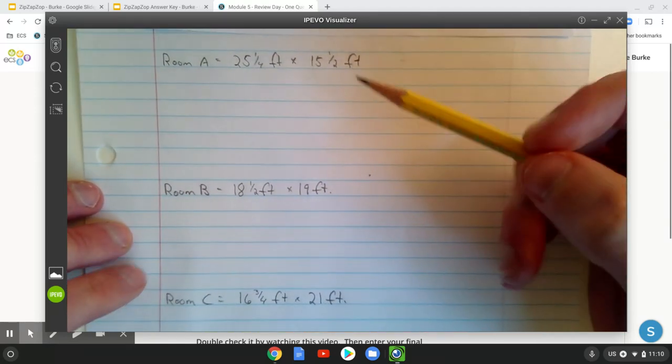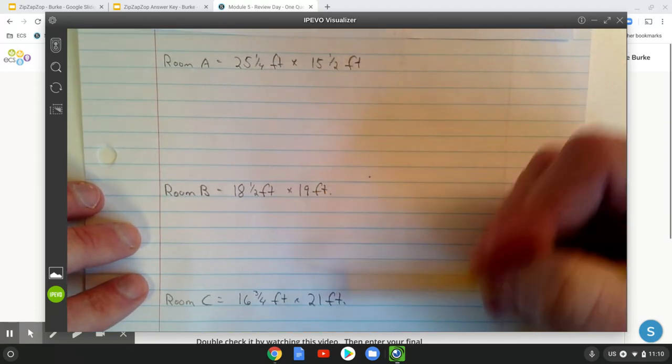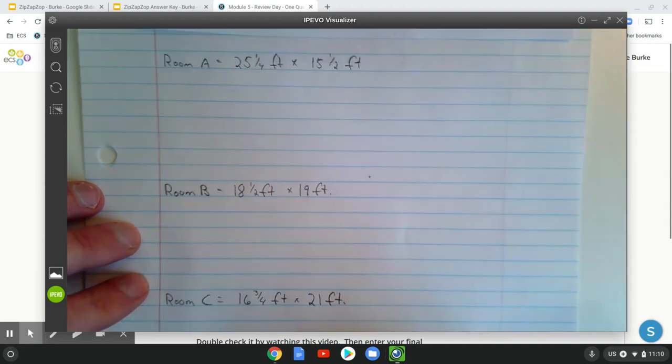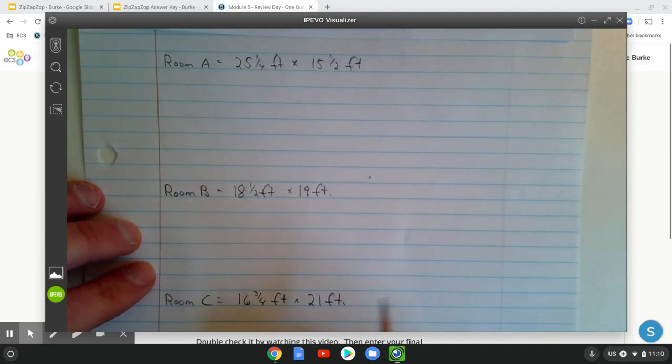I just need to find the area of each of them and then add them up, and that'll tell me how many square feet of carpet I need.